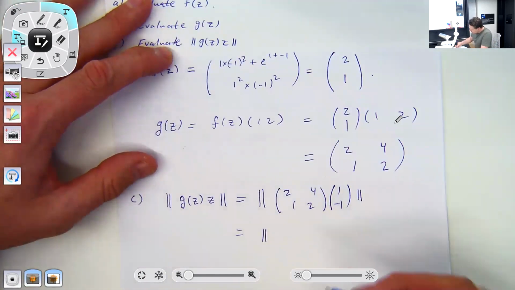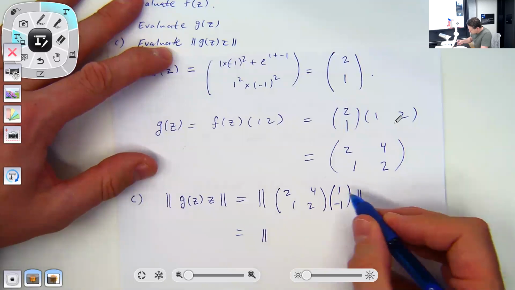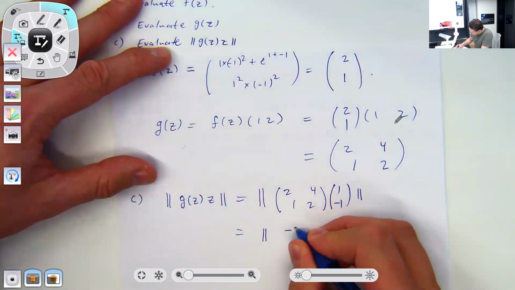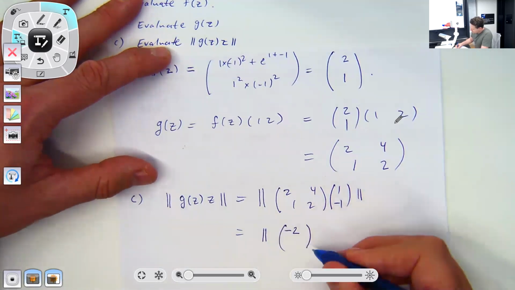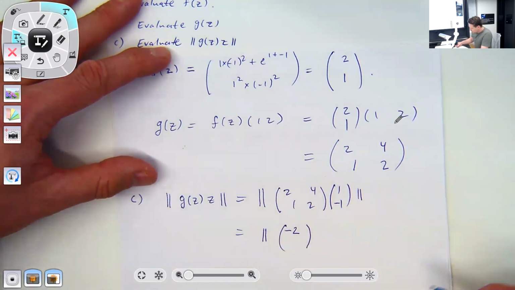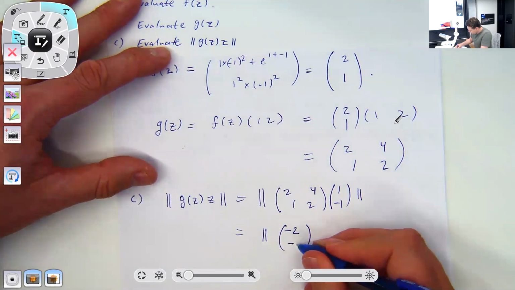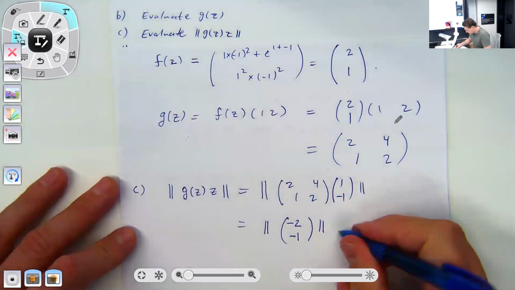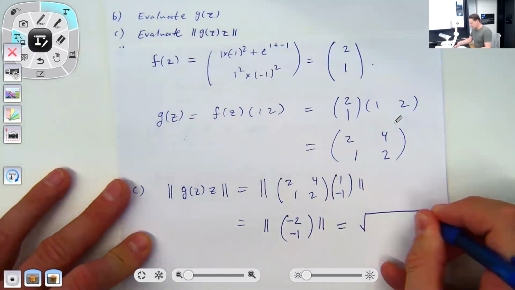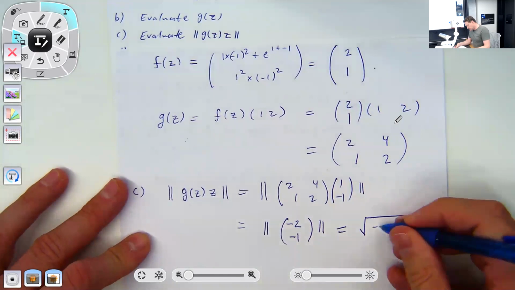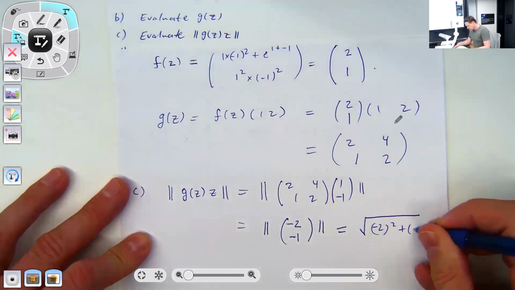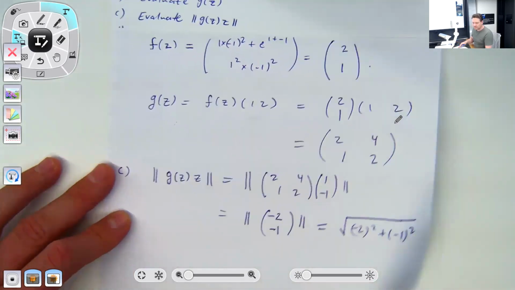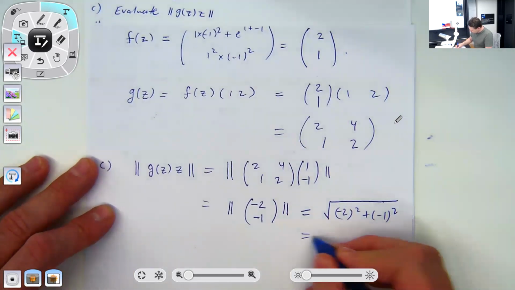So we have the norm of 2 times 1 is 2 minus 4, so we have minus 2. And then we have 1 minus 2 is minus 1. Great. Now we just take the Euclidean norm of this. So we have a square root and a sum of squares. So minus 2 squared plus minus 1 squared, and that's 4 plus 1 is 5. So root 5.